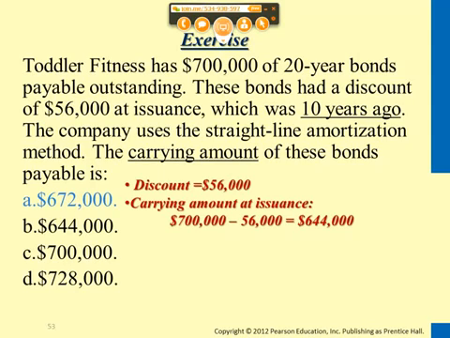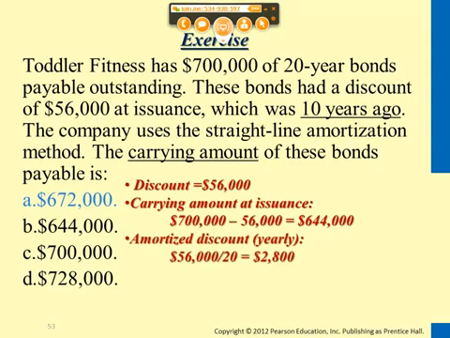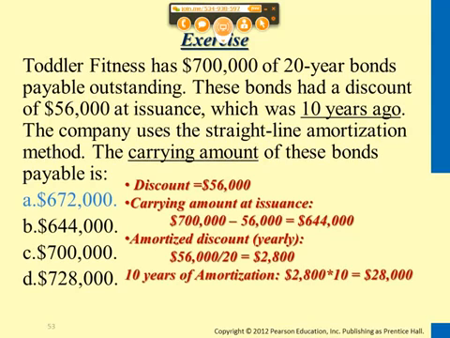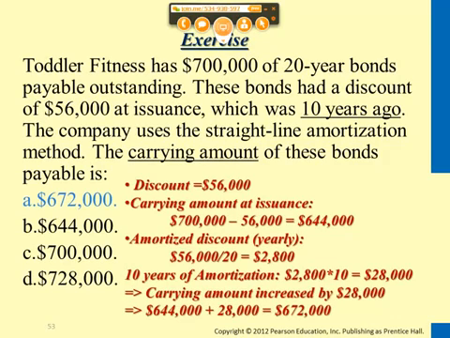Then you calculate on a yearly basis the part of the discount that you spread, that you add to the bond's value. So that will be $2,800, meaning every single year, $2,800 of discount will be reduced. So the carrying amount will be gradually increasing to a point that gets closer to the face value of the bond. So after 10 years, the bond's carrying amount will increase by an additional $28,000. You just add that to the original carrying amount.